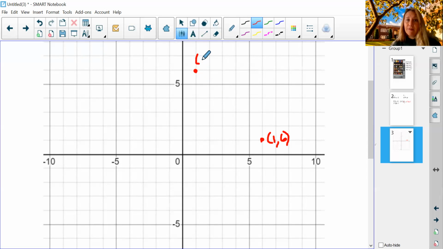If (1, 6) is a point on the graph, this represents a pair of values where f of 1 is 6. Then for f inverse, f of 6 would have to be 1.